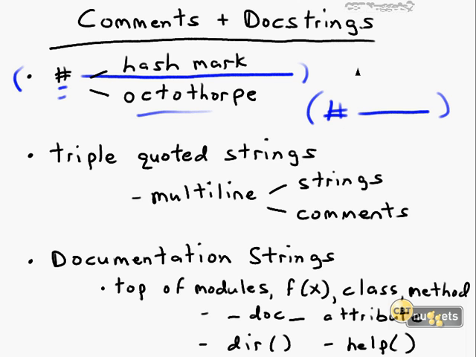Now, how we handle multi-line comments is in triple quoted string format. I just showed you how to create actual honest-to-goodness triple quoted strings that you use in your code, but you can also use these for multi-line comments. It just depends, again, there's overloading going on here. Depending upon where you're invoking or how you're invoking the triple quoted strings, this allows you to actually create a doc block or a documentation block.